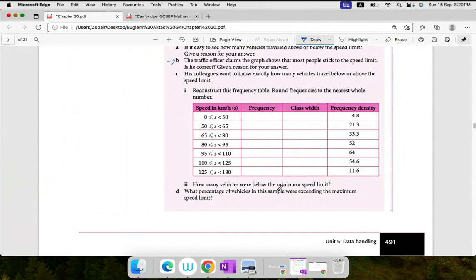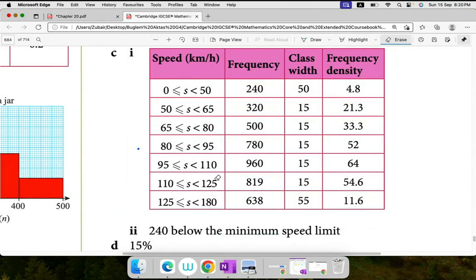What percent of vehicles in the sample were exceeding the maximum speed limit? So maximum speed limit is 125 and there were 638 which were exceeding. 638 divided by all of these, times 100.